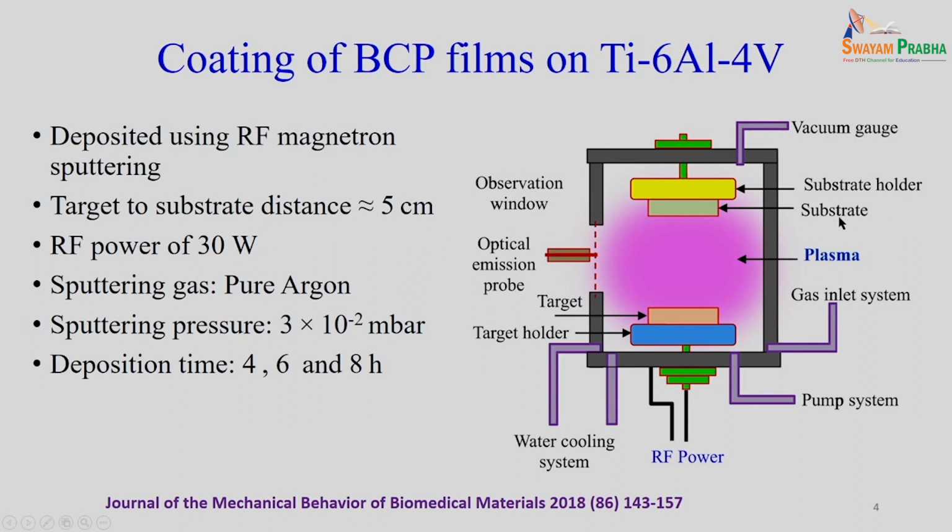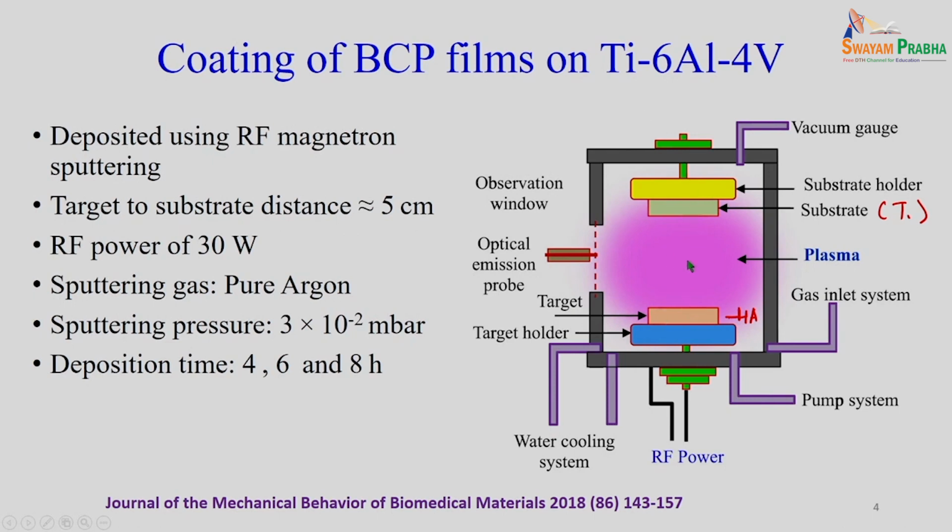So, this is your substrate. Substrate means here titania, then this is your target. Target means this is your HA, hydroxyapatite. So, we have to first prepare the target. For preparing the target, we can form a pellet, and the pellet we have to keep inside the sputtering chamber.